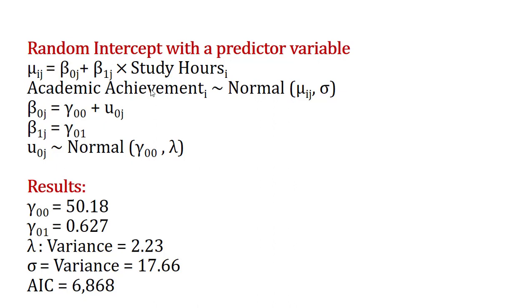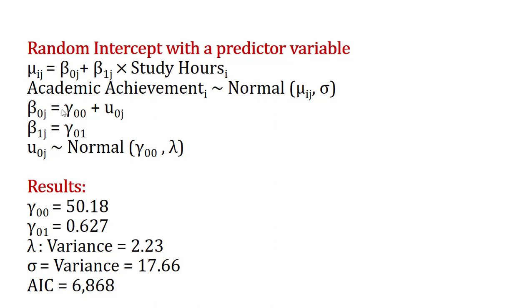The second part of the model is what we've seen before, our prediction of each value of academic achievement, the academic achievement of each individual. We use for our prediction a normal distribution with the mu being the prediction of the model, now adding study hours, and then some variability in that distribution. Now this is as before.